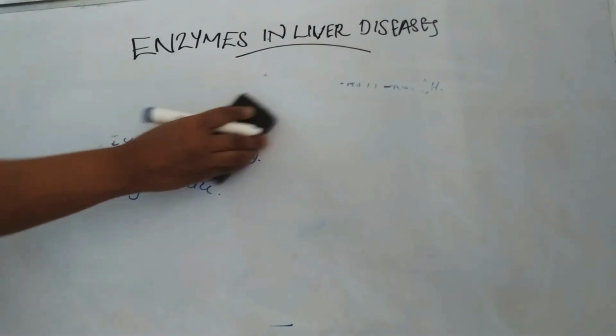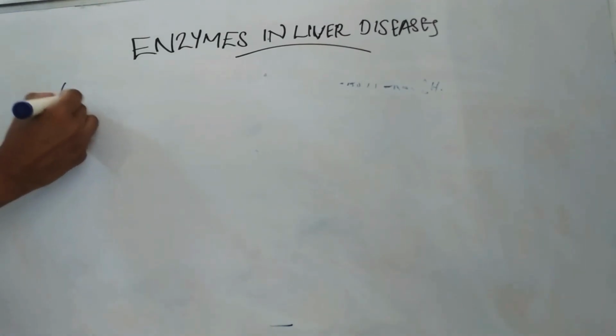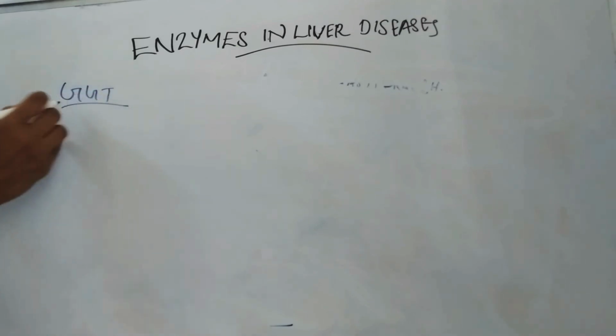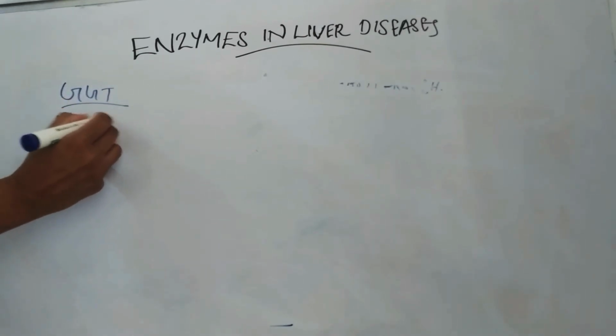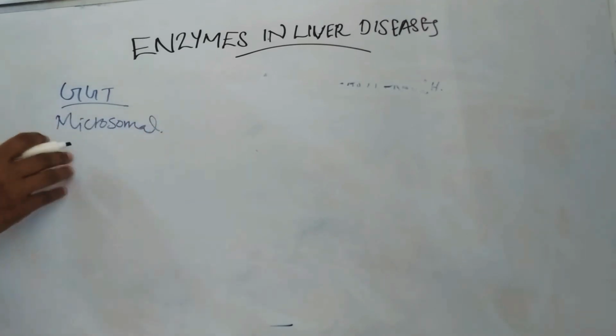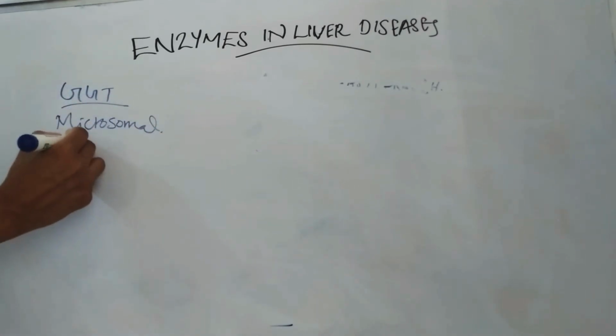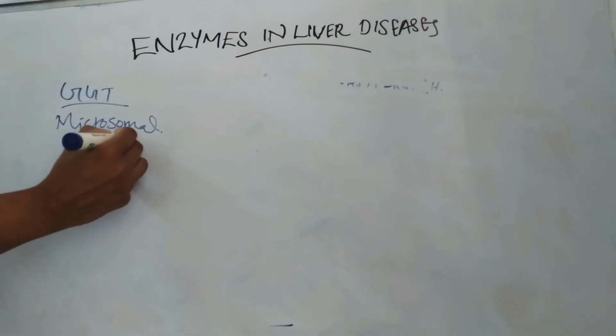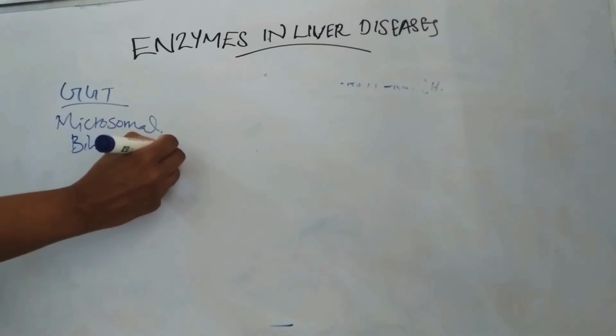Next one is GGT, that is serum gamma glutamyl transferase. It is a microsomal enzyme. It is very specific to biliary system.